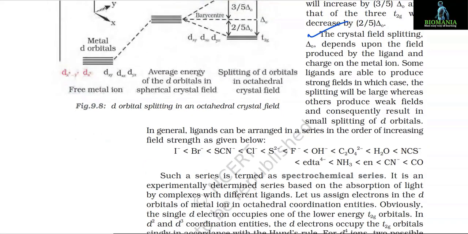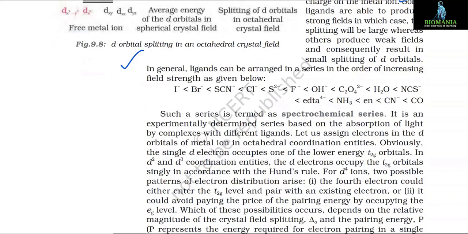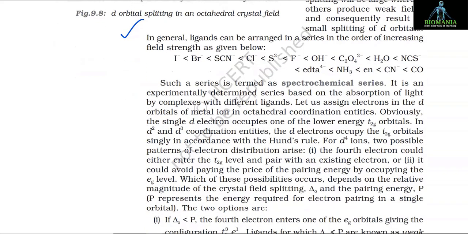The crystal field splitting delta naught depends upon the field produced by the ligand and the charge on the metal ion. Some ligands are able to produce strong fields, in which case the splitting will be large, whereas others produce weak fields and consequently result in a small splitting of d orbitals. In general, ligands can be arranged in a series in the order of increasing field strength as given below.